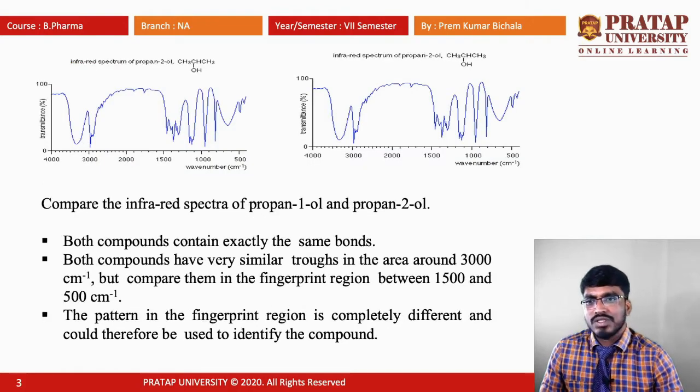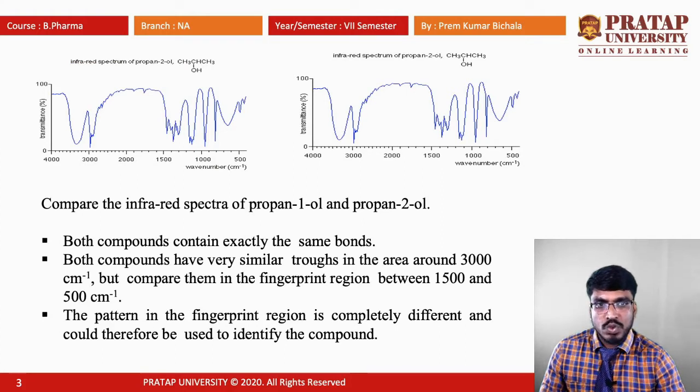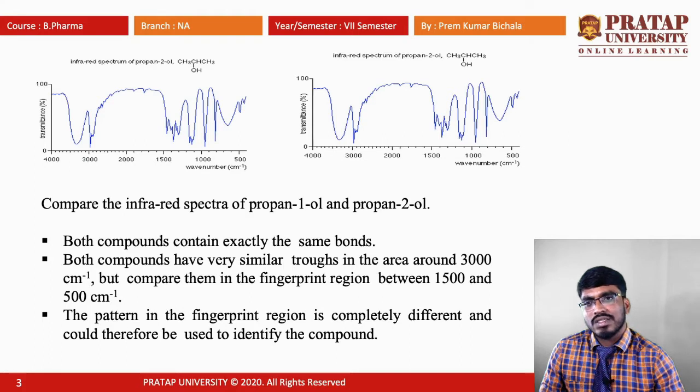Just compare these two spectra of propan-1-ol and propan-2-ol. Just go through the two pictures. Both contain exactly the same bonds, like C-H single bonds and the carbon to oxygen hydroxyl group bonding. Both compounds have very similar troughs in the area around 3000 centimeter inverse.